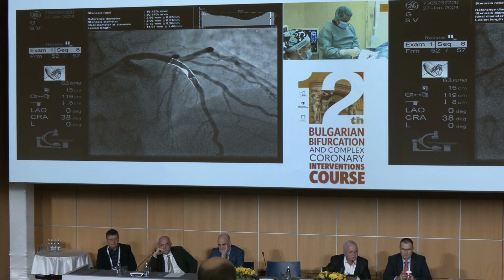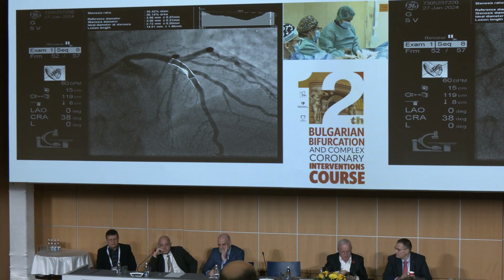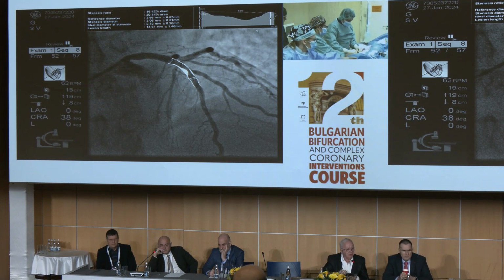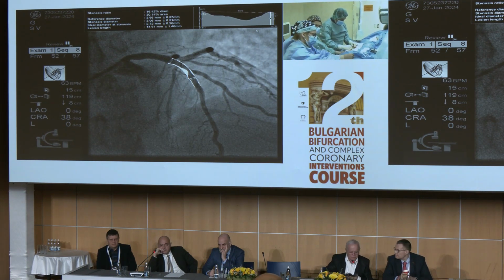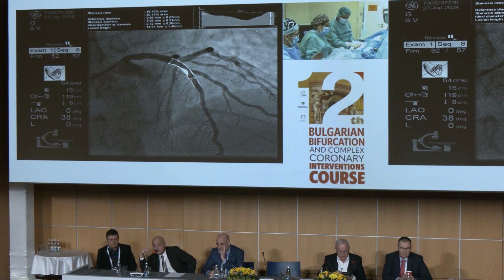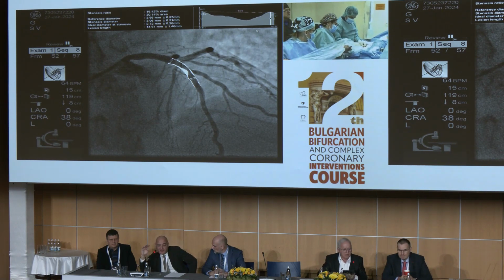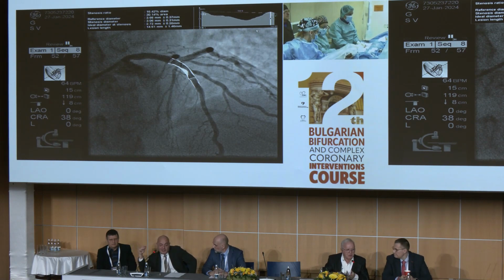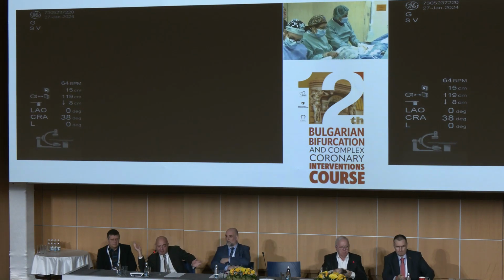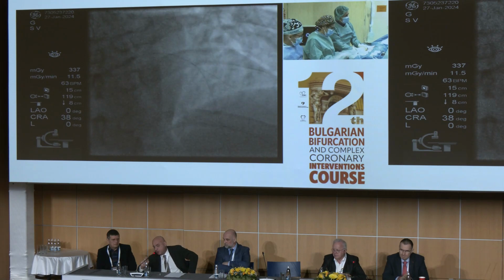And the target for the distal will be 3.06. Thank you very much. Well, without using QCA, just looking at the angiography, the stent should be 3.0 millimeters. 3.2, and 3.8 the proximal part and of the POT 3.5. Now we'll see the result of the IVUS, which is much more interesting.